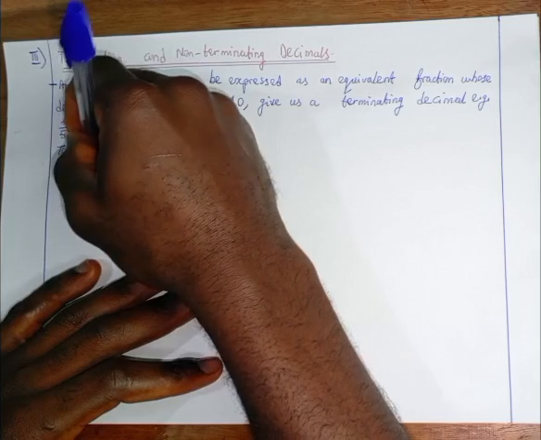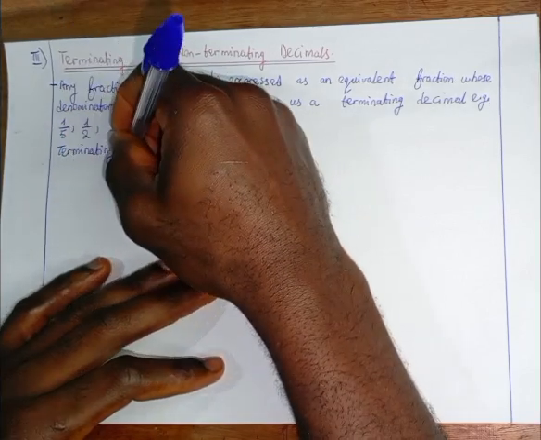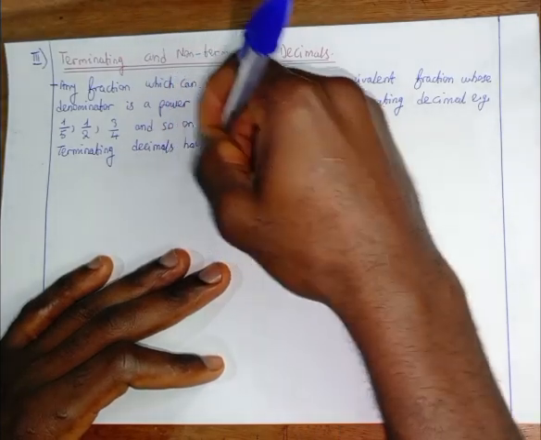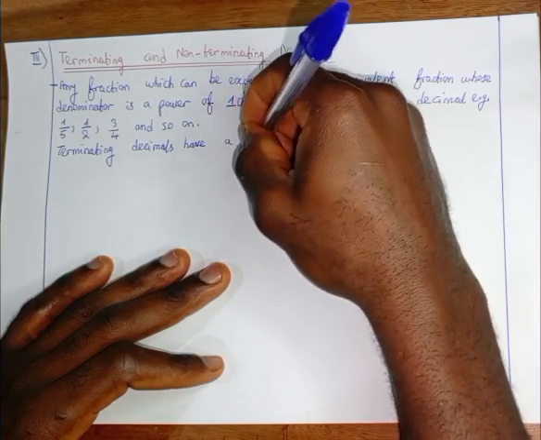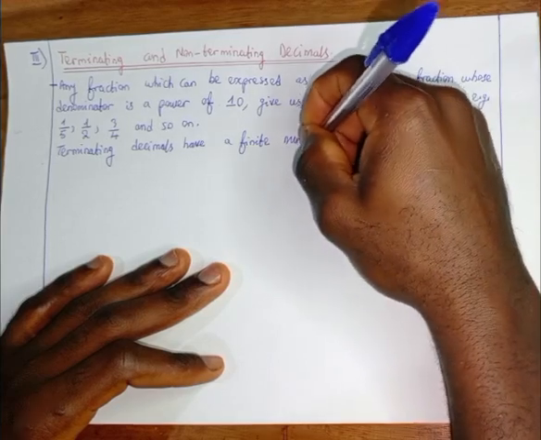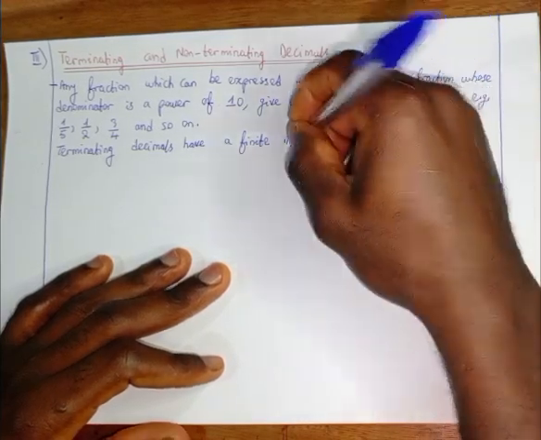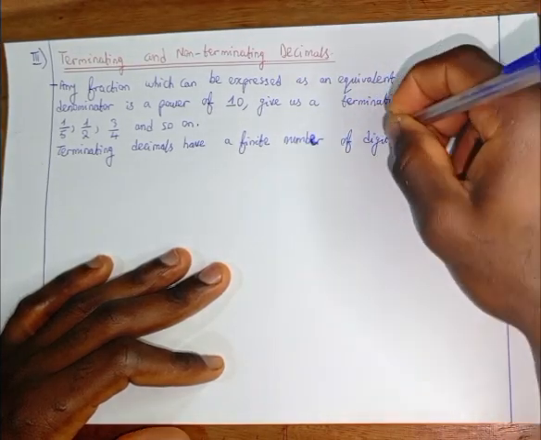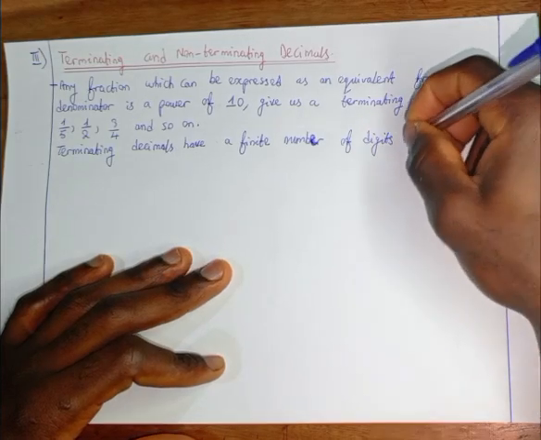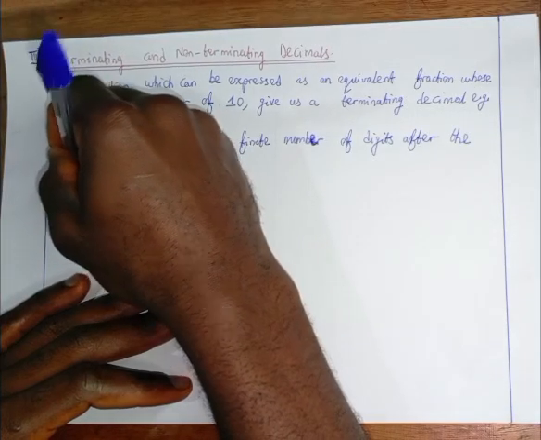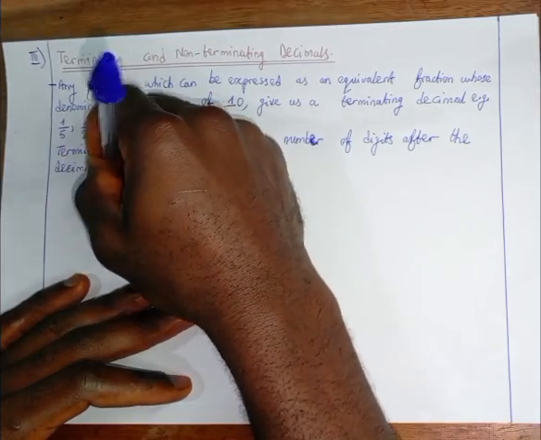Continuation, terminating decimals have a finite number of digits after the decimal point.